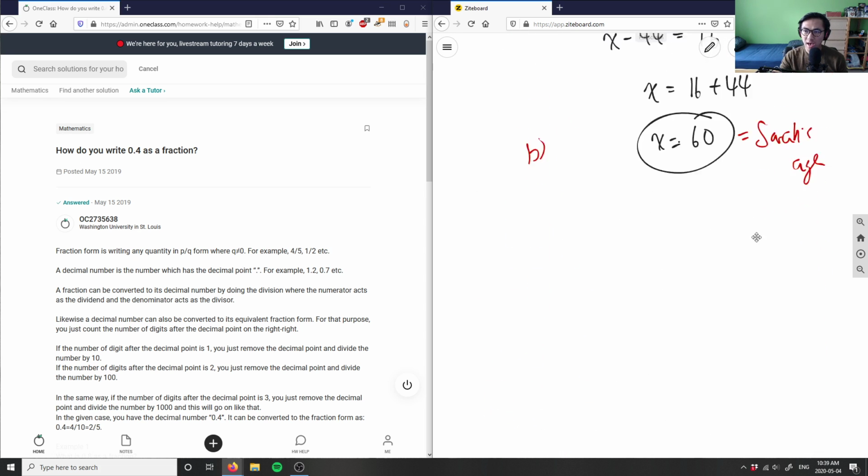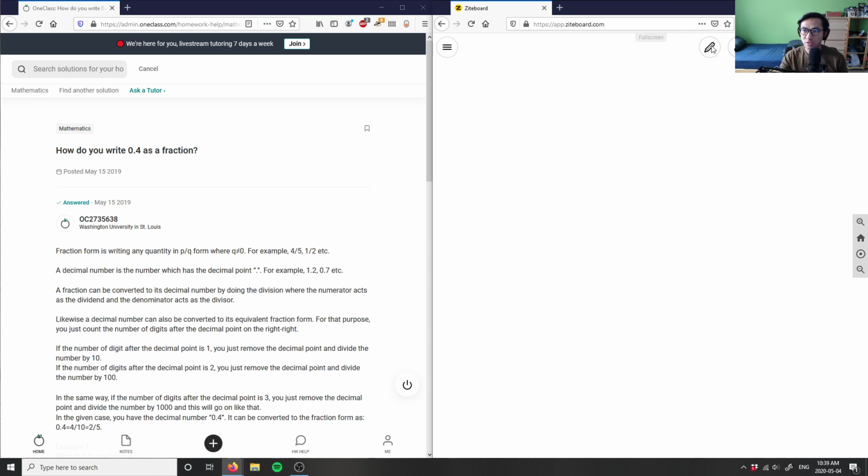Let's look at number 10, and then we have 2 more questions for the day here. So number 10 here is, again, how do you write 0.4 as a fraction? These are very, very similar to the first 2 questions we did for today. So 0.4 as a fraction. In this case, we don't have a whole number part, right?